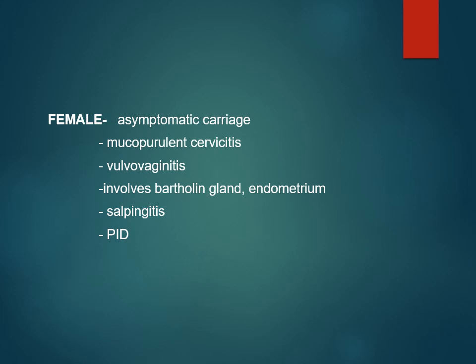Then a rare syndrome is also there, that is the Fitz-Hugh-Curtis syndrome. So what is that? That is when there is peritonitis, spreading of the infection to the peritoneum, along with perihepatic inflammation.